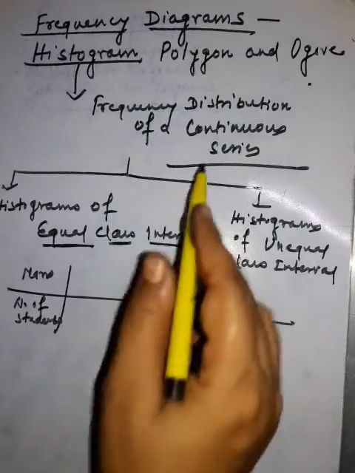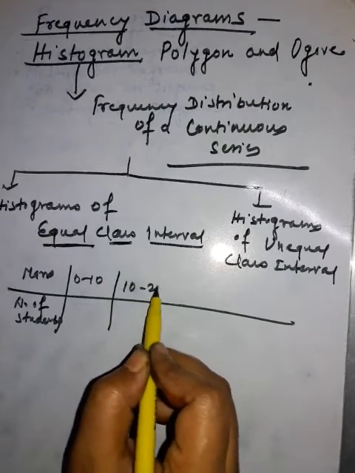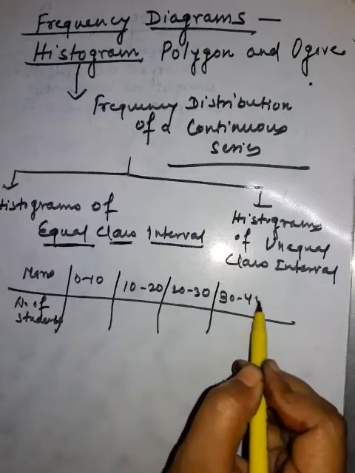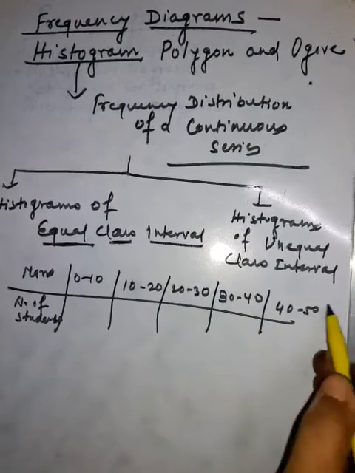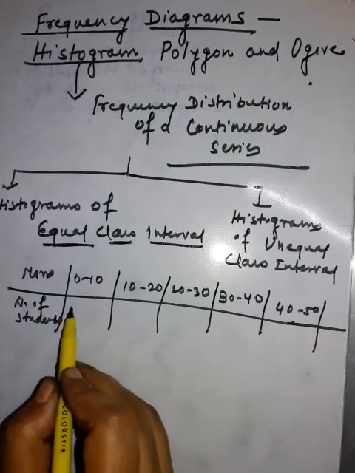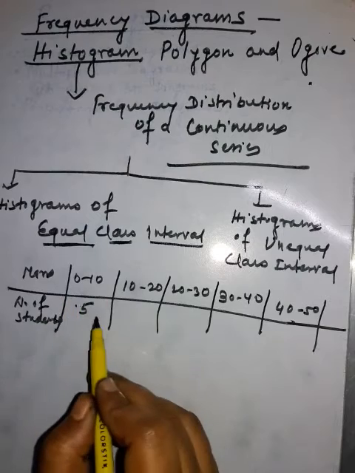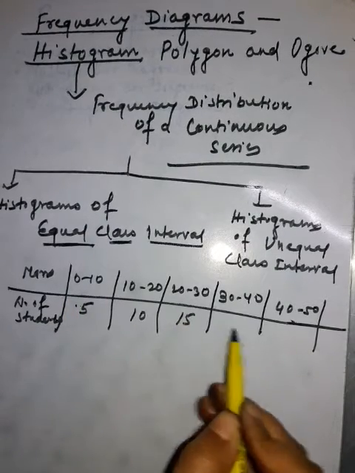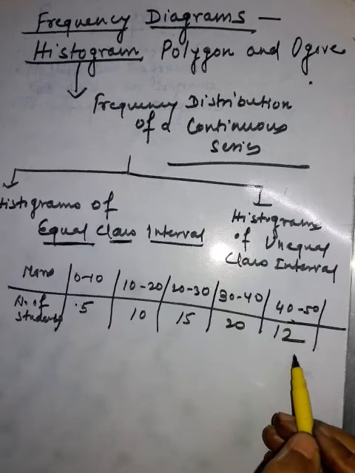Marks, of course, will be in a continuous series: 0 to 10, 10 to 20, 20 to 30, 30 to 40, 40 to 50. Suppose for 0 to 10, how many students got marks? 5, then 10, then 15, then 20, then 12.